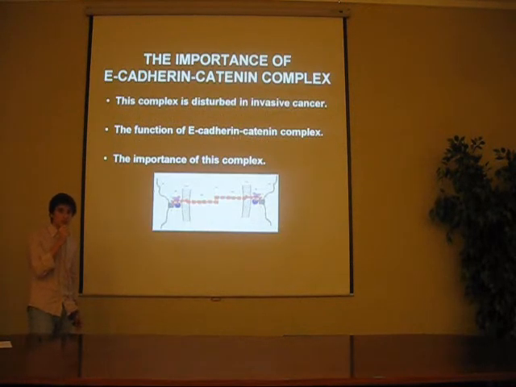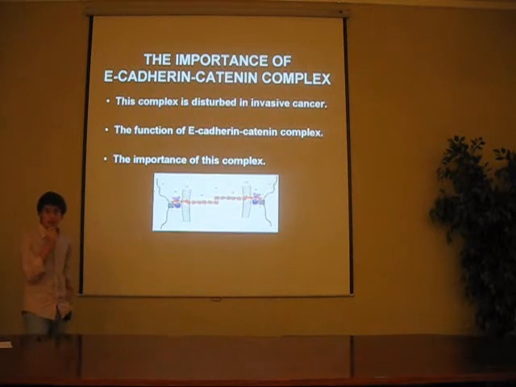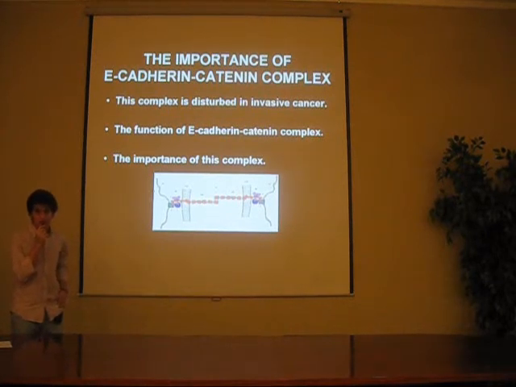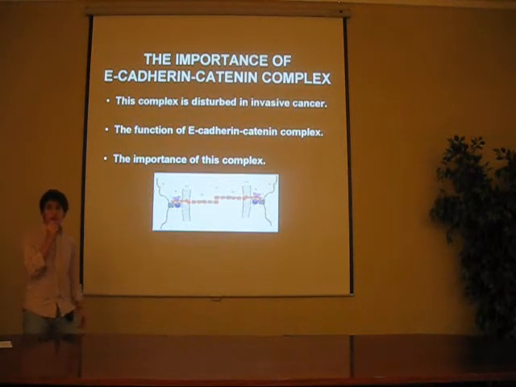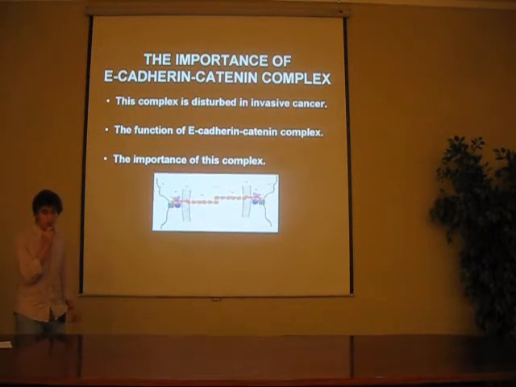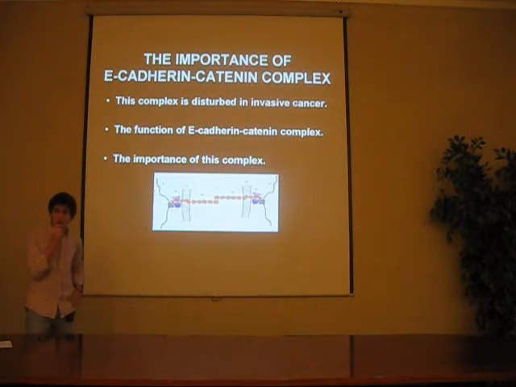The metastasis origin is highly associated with the E-cadherin-catenin complex. The E-cadherin-catenin complex, an organizer of epithelial structure and function, is commonly disturbed in invasive cancer. E-cadherin, a transmembrane protein with an extracellular and intracellular domain, is one of the key players involved in cell-to-cell adhesion.